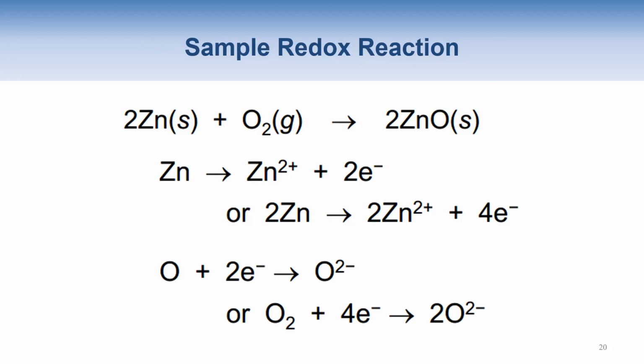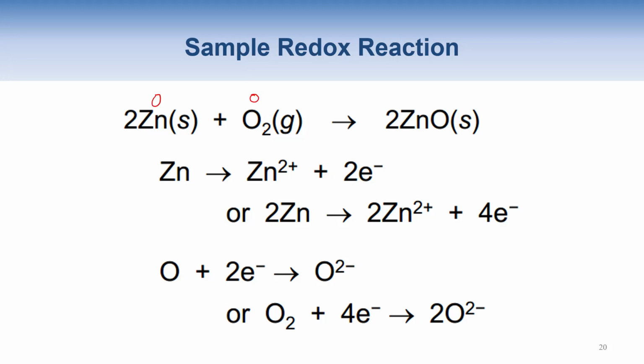So in this example here, we can see that zinc plus oxygen yields zinc oxide. When we assign oxidation numbers to this, we can see, according to the rules, elements have an oxidation number of 0. So this would be 0, and this would be 0.